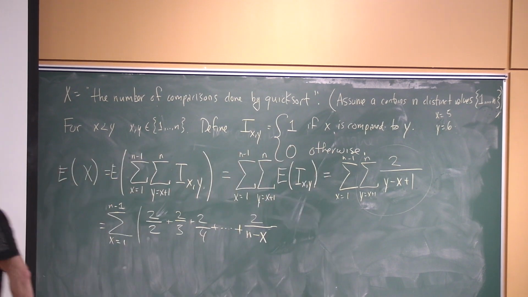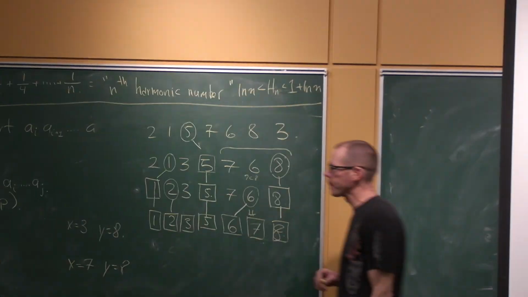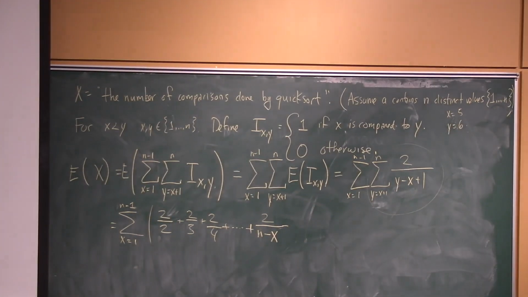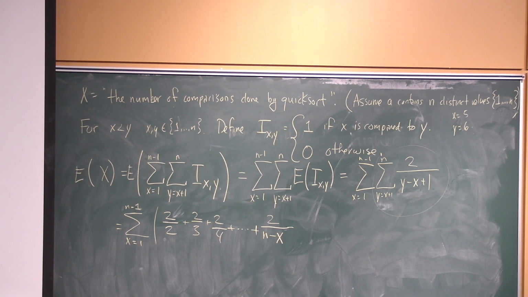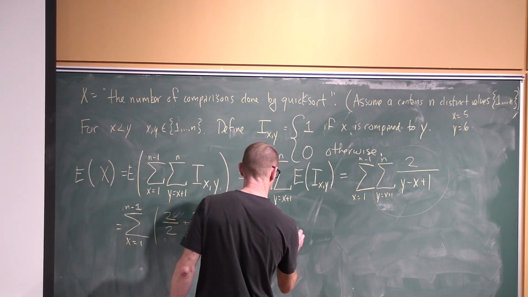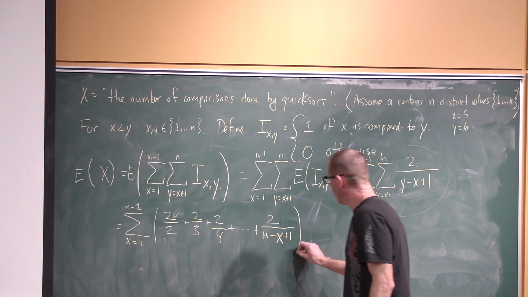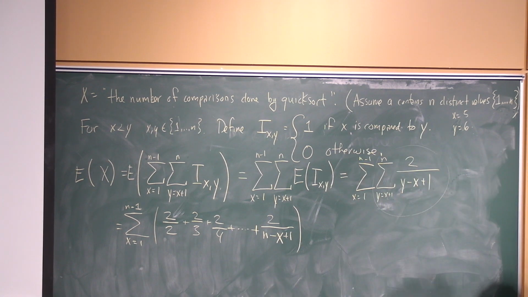And let me just make sure I don't make a mistake, although in the next step it's not going to matter at all. N minus x plus 1. Okay, good.